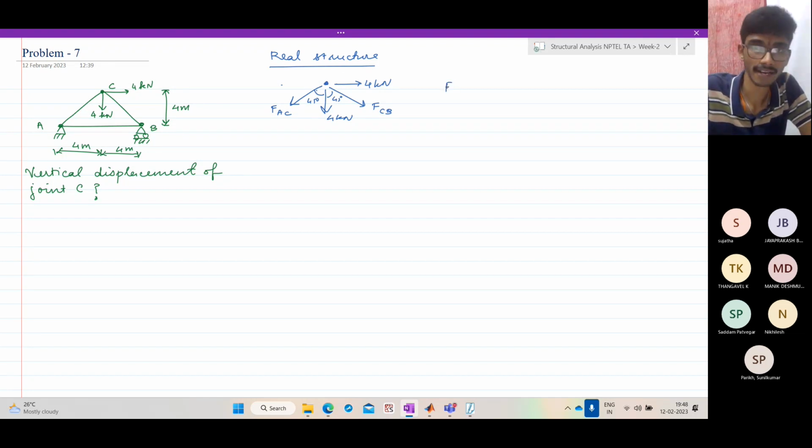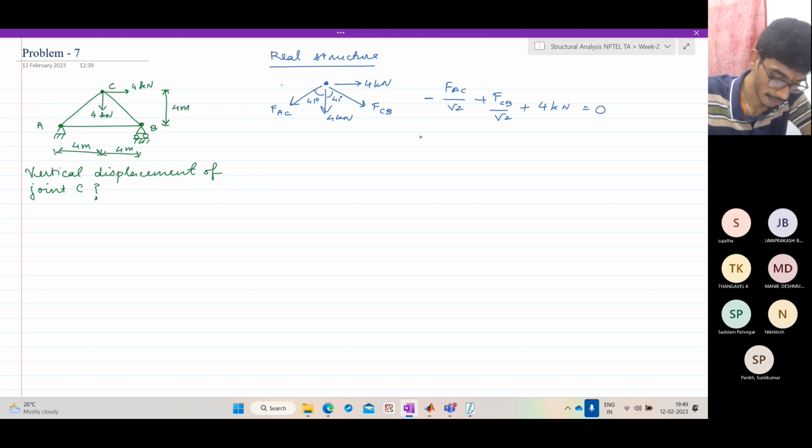So we get FACX, which is nothing but FAC by root 2, minus because it's negative, plus FCB by root 2 plus 4 kilonewtons equal to 0. Or better, since these are 45, 45, 90 degrees, you can resolve along the members. You take a coordinate system like this, you call this x dash and y dash.